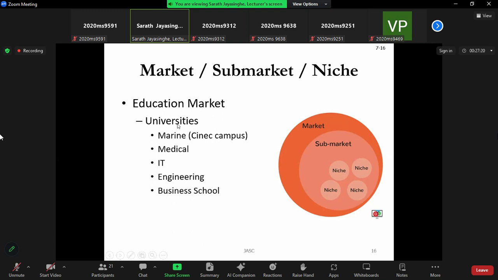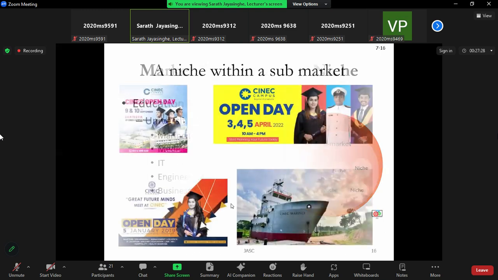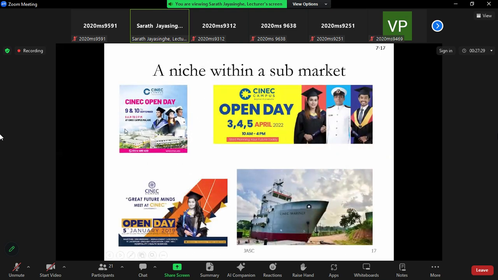They come under universities. Universities are sub-markets, and these are niches. CINEC is an example, and this is a marine campus. They specialize in one category. It is a smaller category and smaller market, but they get more profit because of the high prices.